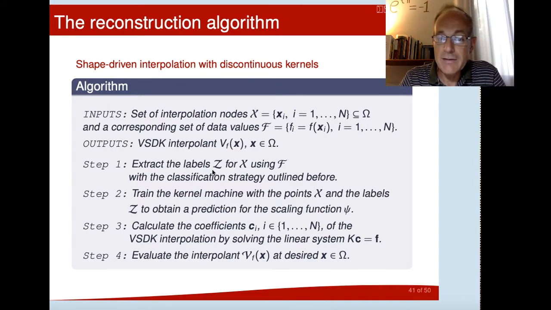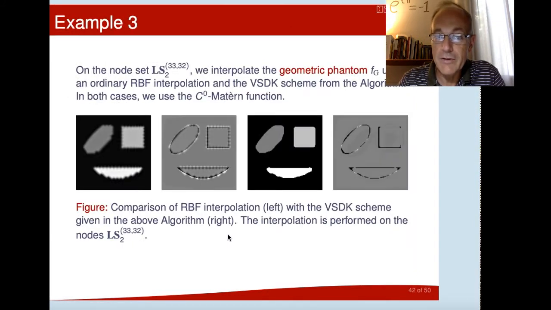The first step consists in extracting the labels, the set Z, for X, using the values f with the classification strategy outlined before. Then we train the kernel machine with the points X and the labels Z to obtain a prediction of the scaling function, because in general we don't know the scaling function, but we want to get a prediction. Now we calculate the coefficients, so we solve the interpolation problem with the VSDK based on this predicted scaling function. And then we evaluate the interpolant at every point x of the domain Omega. This is the reconstruction algorithm that we have used.